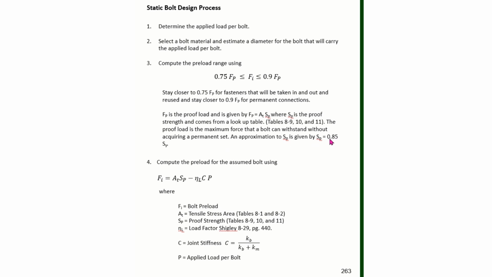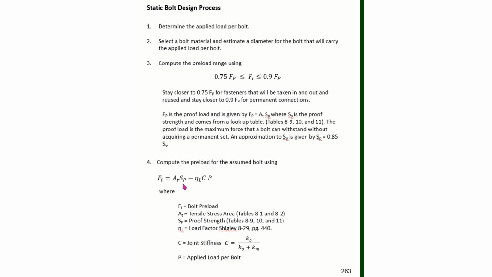And the reduction is to take about 85% of the yield strength, or to look up the proof strength in a table. So the idea is we select our material and we look up the proof strength. And then we can compute 90 and 75% of that, and we want our preload to be in that range.